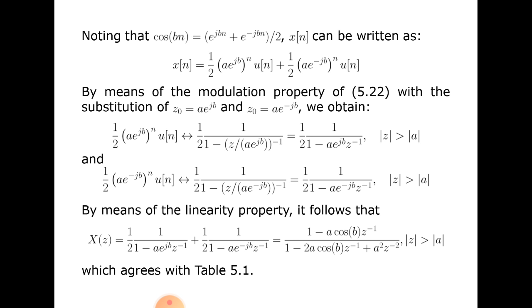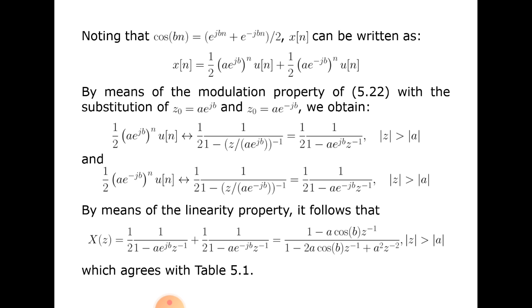And 1 divided by 2 into a e power minus j beta, the whole power n, into u of n lies between 1 divided by 2 into 1 divided by 1 minus a e power minus j beta into z power minus 1, where modulus of z is greater than modulus of a.